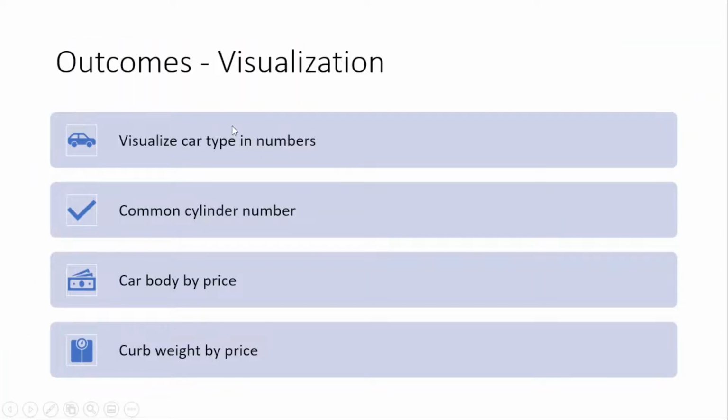The next, I looked at visualization now using Tableau, and I was able to visualize car types in numbers, common cylinder number, car body by price, and curb weight.